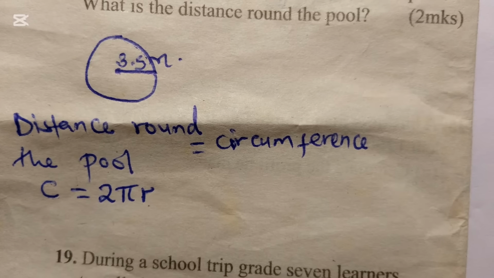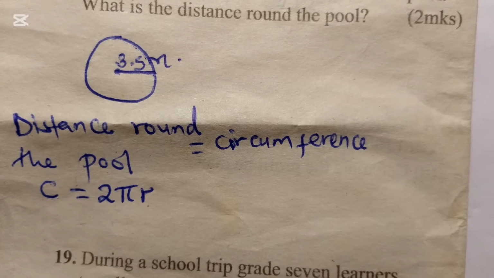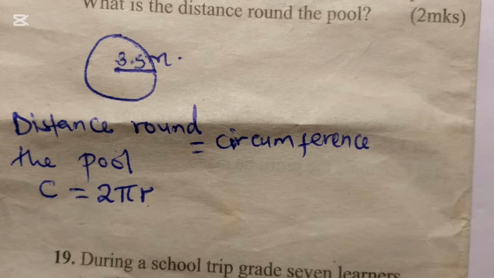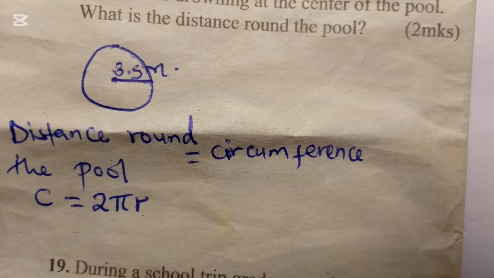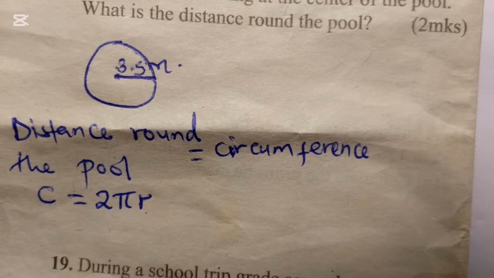Circumference is just that distance. You don't need to square the radius. Remember, in distance, we don't square anything, but in area we square, in volume we cube. So don't confuse the formula. Area is pi r square, with circumference, which is 2 pi r.